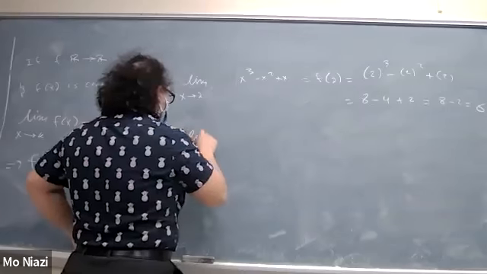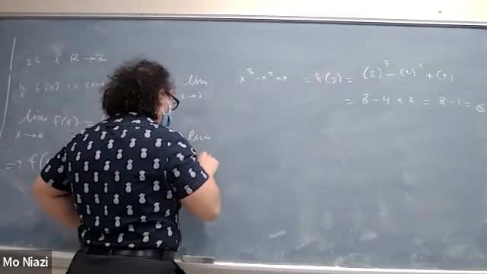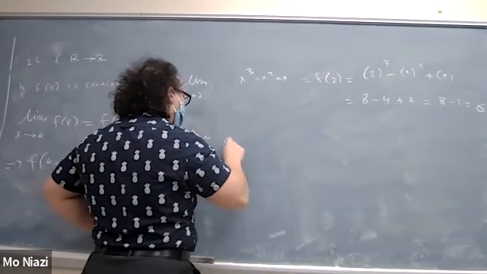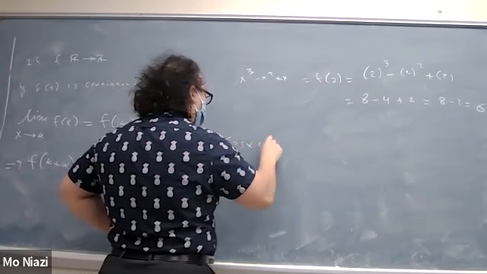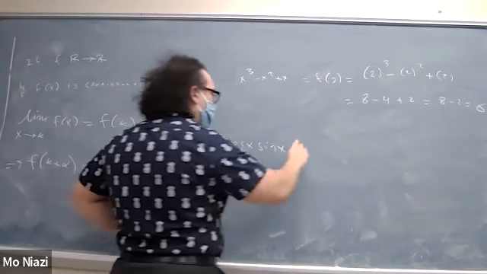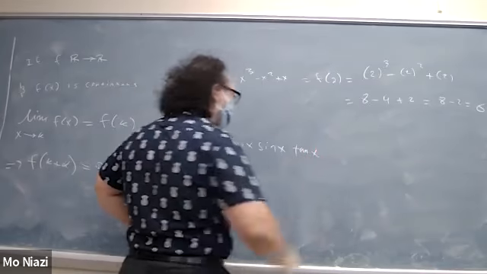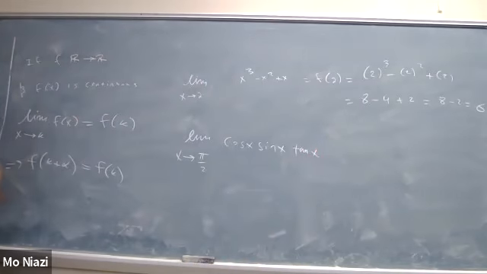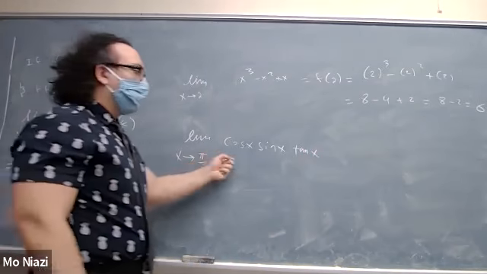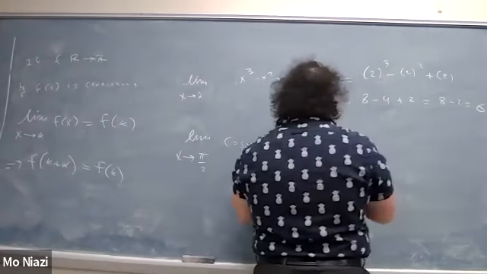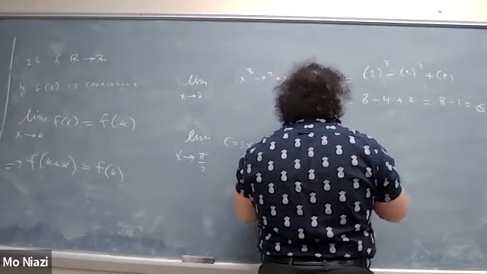Same thing. What about the limit as x approaches pi over 2 of cosine of x, sine of x, tangent of x? They're all continuous because they're trigonometric functions, and we'll prove that later on. So we can just plug it in.